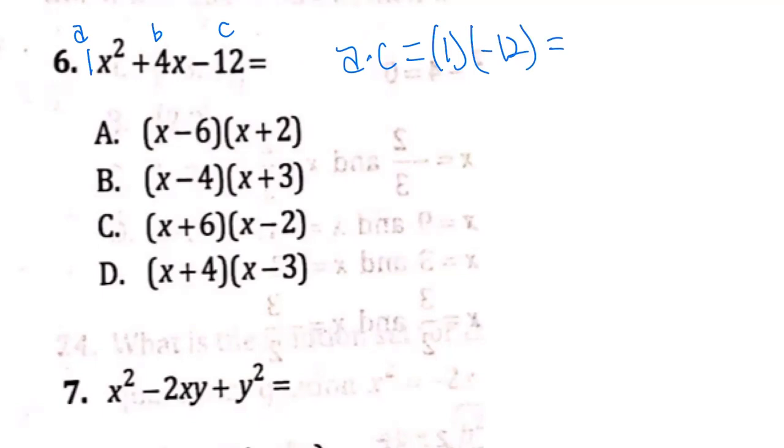So my AC is just negative 12. Now here, I'm gonna make a little key chart. So I have to find two numbers that add up to 4, but multiply to negative 12.